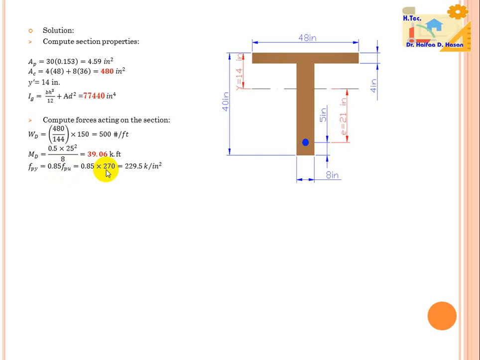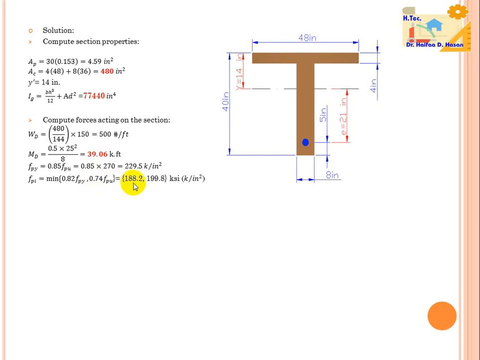Here the ultimate from the example, take it 270, and also calculate fpi, the initial pre-stressing stress, equal to the minimum of 0.82 fpy or 0.74 fpu.